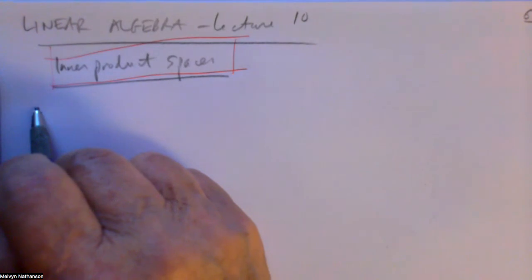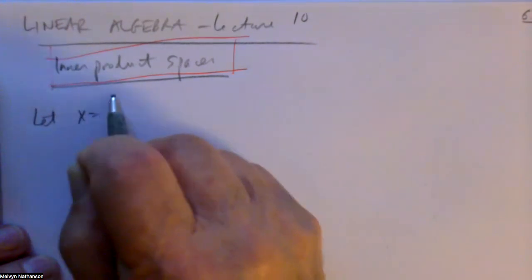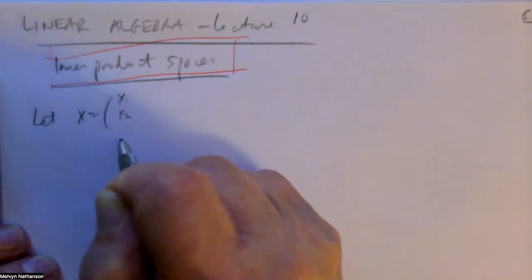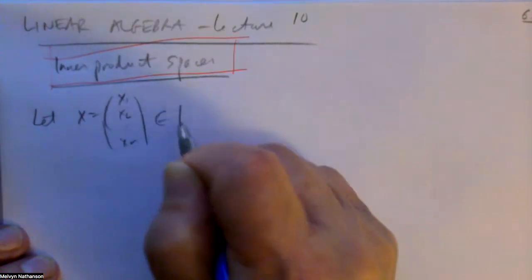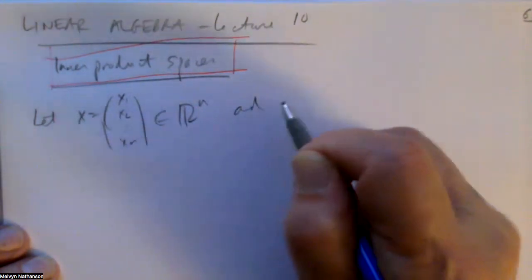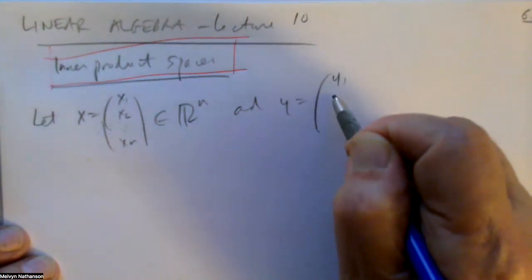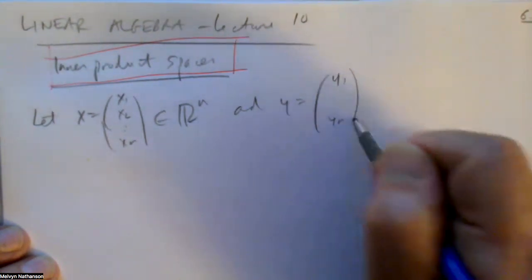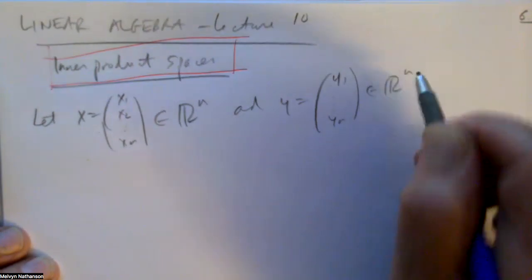So suppose we have vectors x, with coordinates x1 up to xn in Rn, and y with coordinates y1 down to yn in Rn.